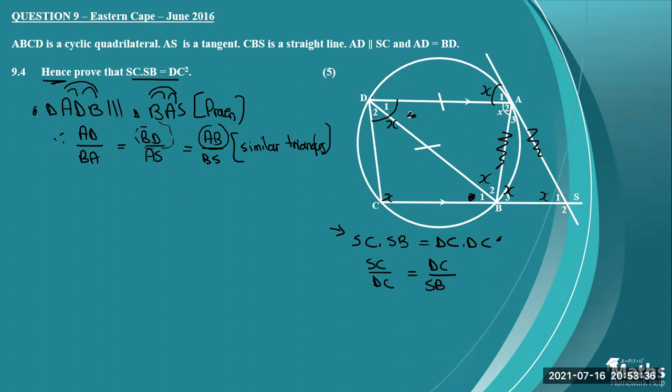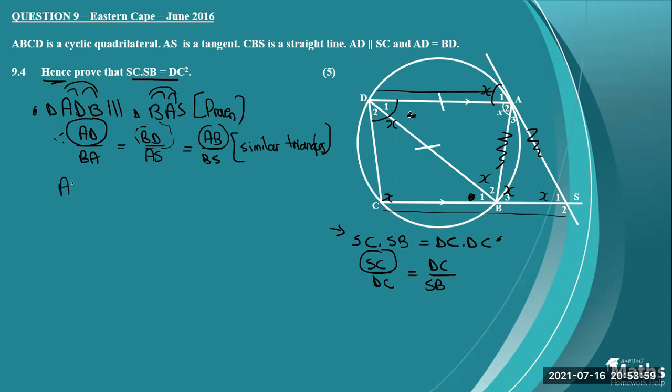Can you see this whole, because we proved it's a parallelogram. So this whole of AD is also going to be equal to SC. Okay, now I'm getting there. So this SC, I can try and sub with AD.